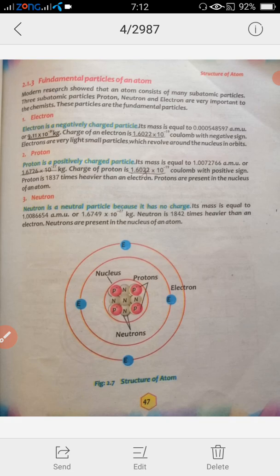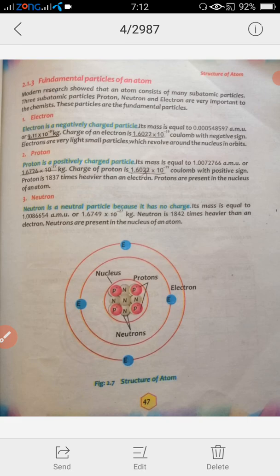And the third one is neutron, which is present in the nucleus and has no charge. Its mass is equal to 1.0086654 AMU, and the neutron is 1482 times heavier than the electron.